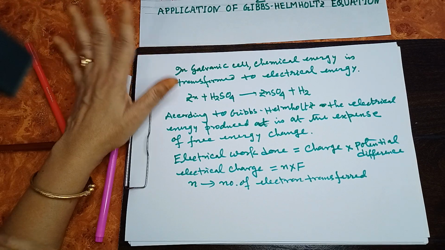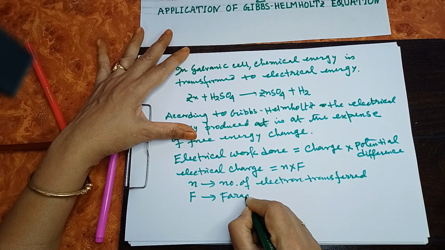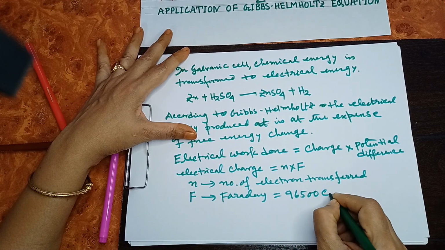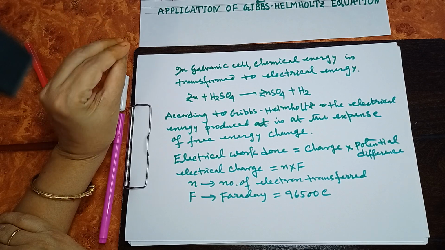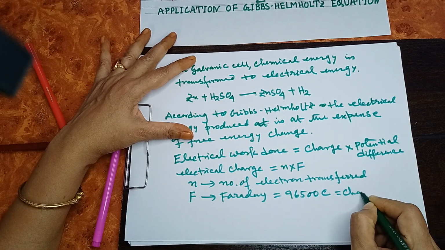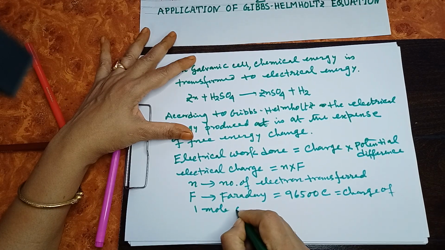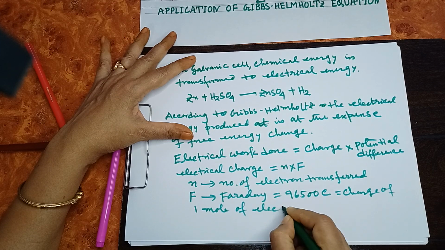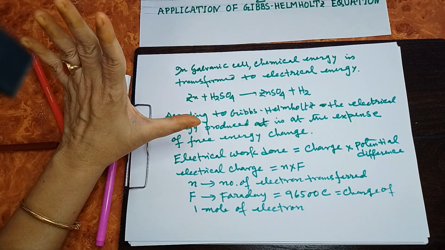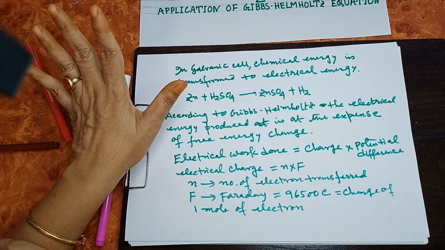And F is Faraday, which is 96500 coulomb of charge, the charge of 1 mole of electrons. So the number of moles of electrons transferred into the Faraday is the total charge.